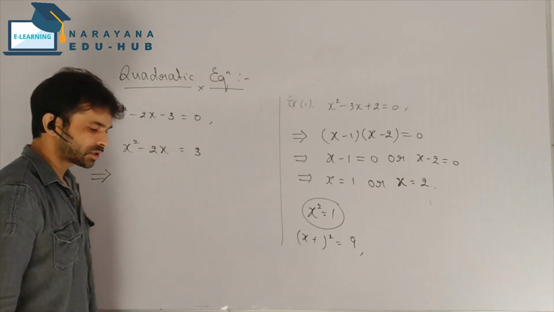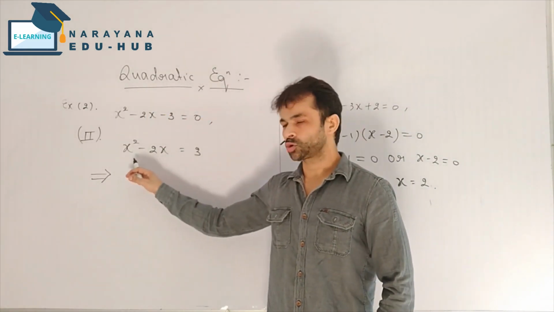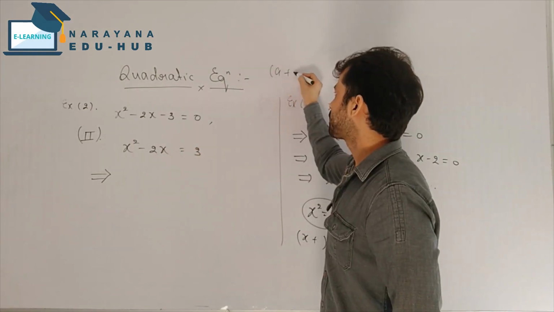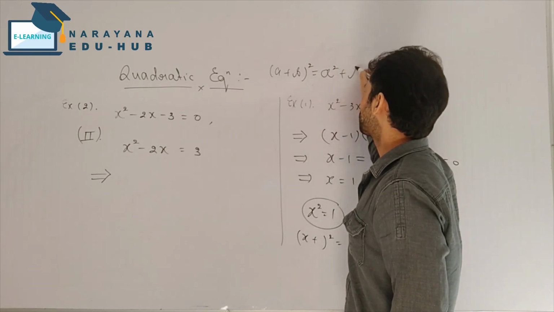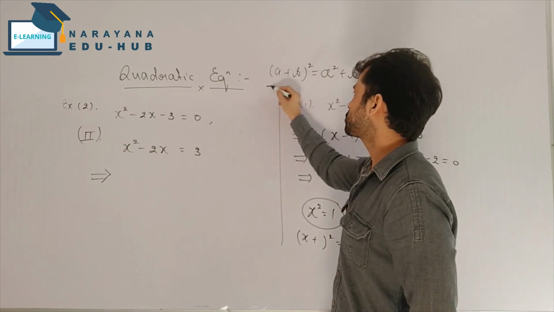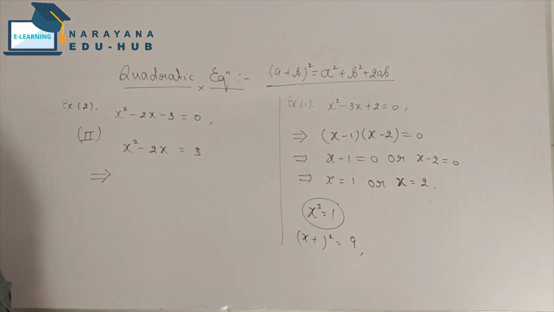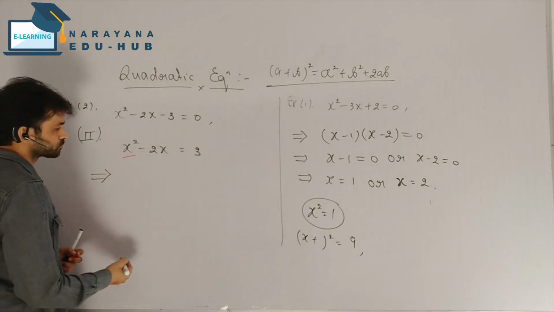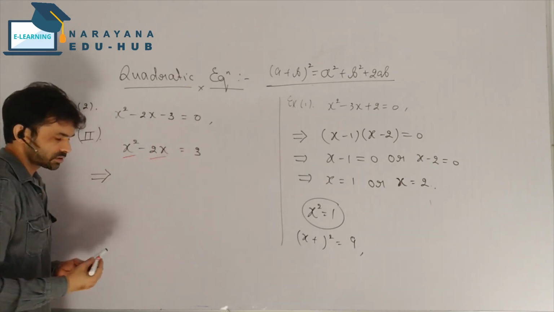To convert it into a perfect square, what we have to do is, as you know, a plus b whole square is a square plus b square plus 2ab. Here this is like a square, this is like the 2ab term, and b square is missing.